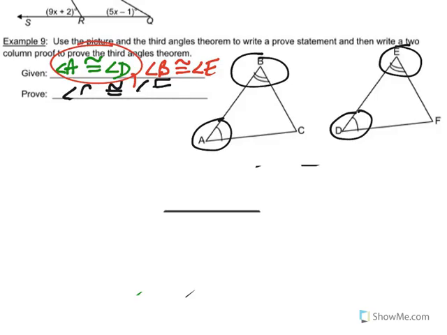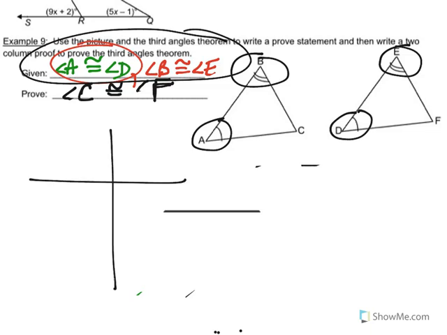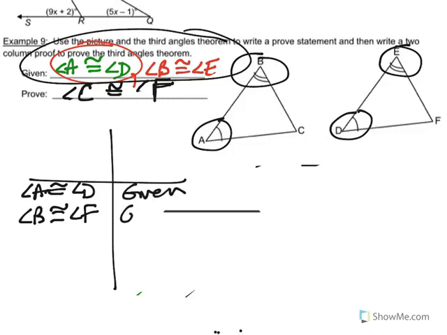So that's how we would say it in the future. If on this one we were trying to prove C is congruent to angle F, and I was given these first two, like we were here, in your proof you would do your two givens, angle A congruent to angle D, angle B congruent to angle E, given, given, and then you can jump right to angle C is congruent to angle F, and what's our reason?